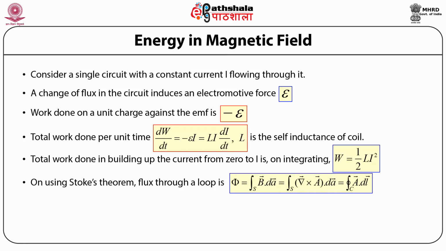And when we use the Stokes theorem to convert it into a line integral, it gives us the line integral over the closed loop of the vector potential A dot the line element vector dl.